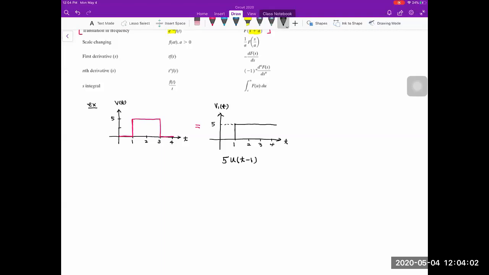Now, if you look at this function and compare it to the left, it's not equal, right? The one on the left is like a hump, and the hump only happens between 1 and 3. But on the right-hand side, it goes to infinity. How can I make it go from 1 to 3? Well, I can make another function over here. And this function starts at 3, and when it starts at 3, it goes to 5.